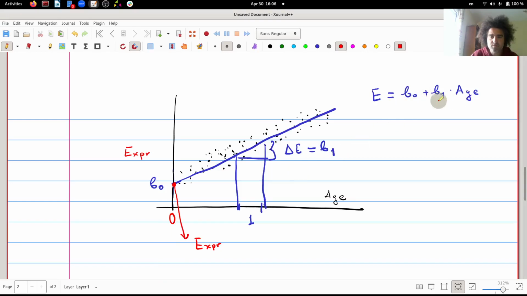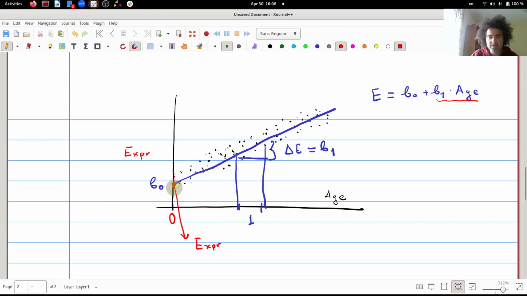You can see that from this formula as well, from this function. If the age is 0, this term will become 0, and therefore the expression level will be equal to beta 0. And again, this might not be an actual expression level, so it might be that no individual actually has this expression level, but we predict that if individuals are of age 0, then the expression level of these individuals will be around this point.